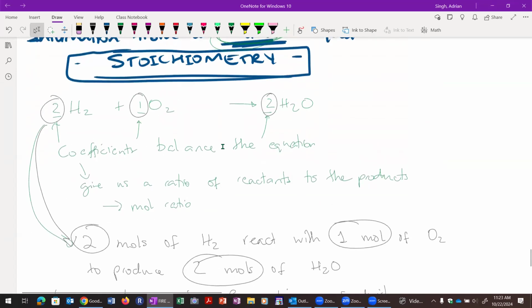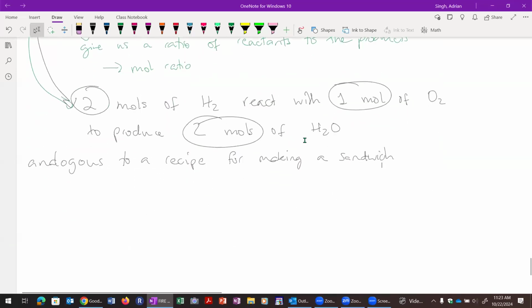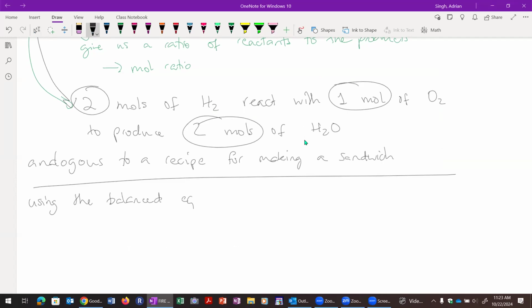Now, let's take a look at how we can use that information. So using that balanced equation, and this is also very important, you want to make sure that your equation is balanced before you start doing any stoichiometry. So we have 2H2 reacting with O2 to produce 2H2O.